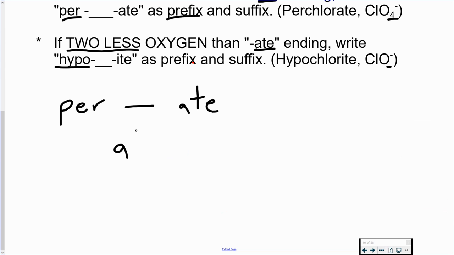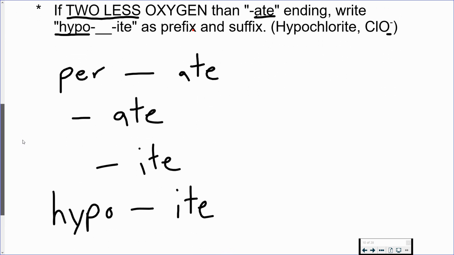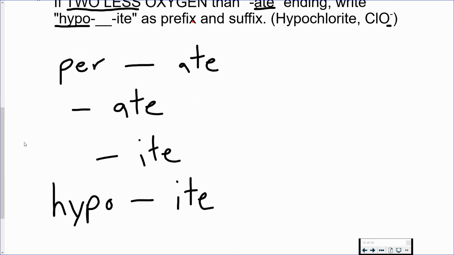And then -ate is what is given to you on the back of the periodic table. Ite would be the next one. And the very last one is hypo-ite. So here is our little chart.